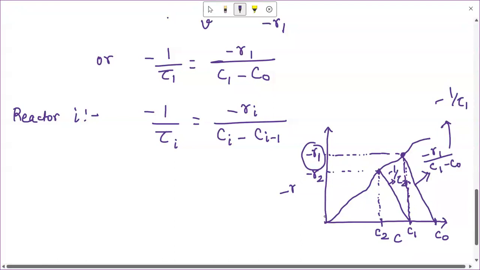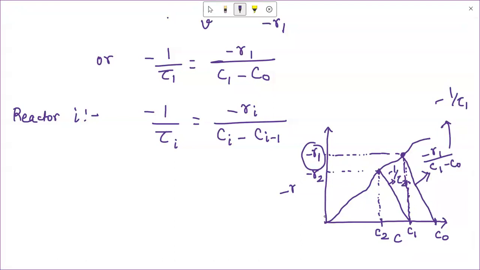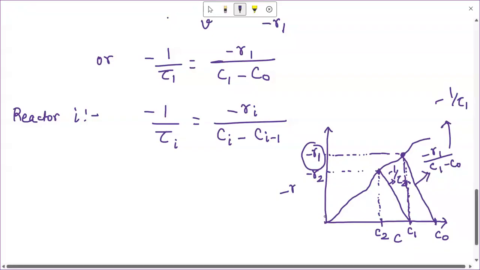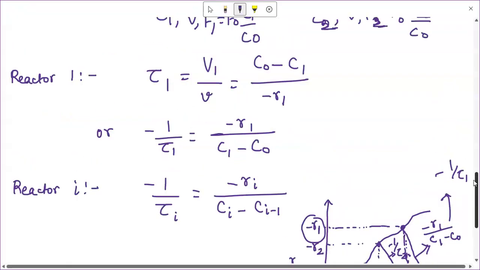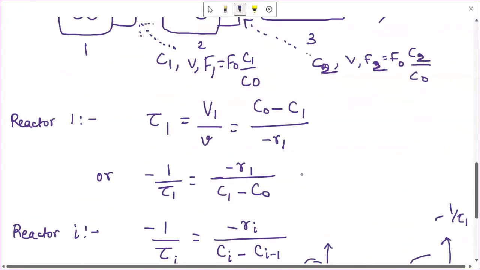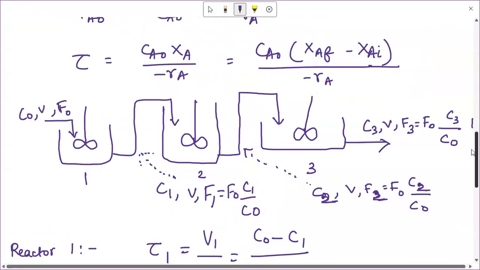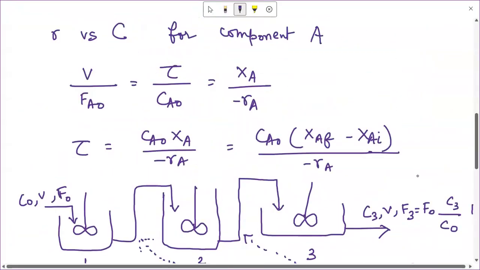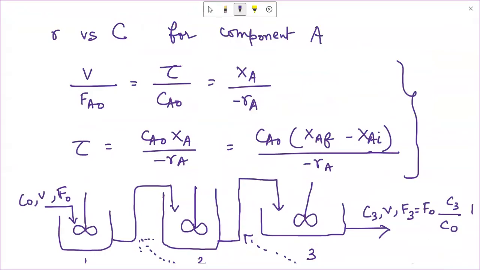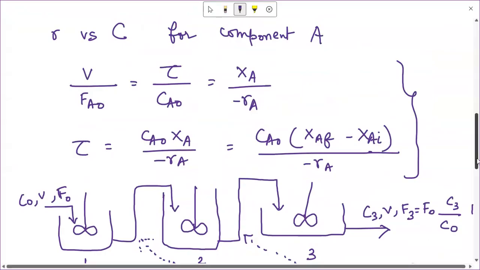Okay, so this is how you find the conversion for your unequal size reactors, because once you know the space time, you can fit it into the design equations and get your desired quantity. These are the main design equations, right? So based on that, you can find the conversion.